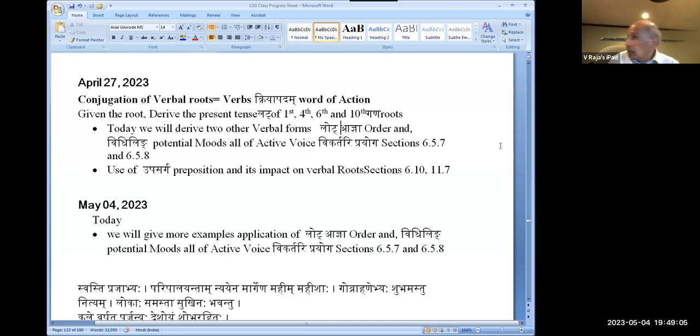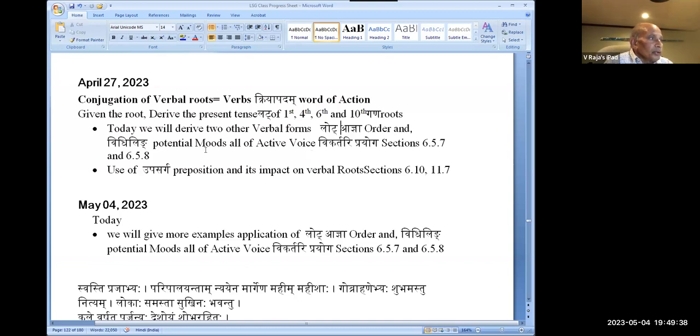And today, last week, we derived the 2 other forms: lot, which is agna, order, and vidhiling, potential. Potential means I hope it will rain tonight. I hope it will be warm tomorrow. You are wishing that. And only in all of these in the active voice, Kartari Prayoga, we'll see the passive voice soon.